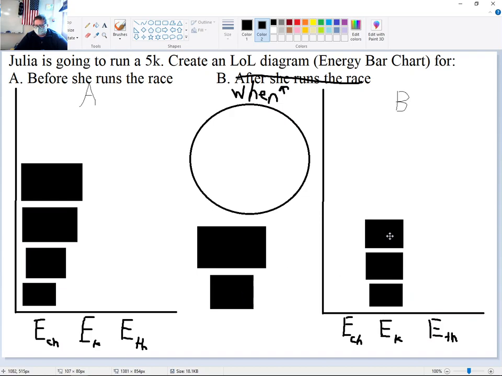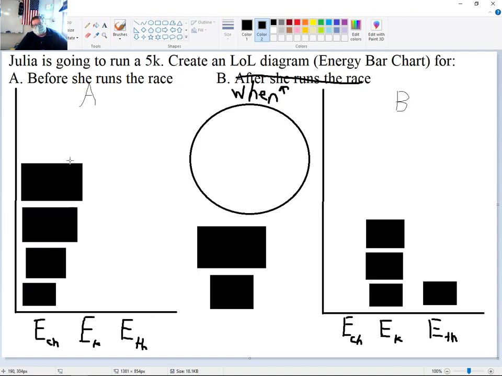I'm sorry. Okay, again, it's kind of arbitrary. I know that I only have 4 to work with, right? So I can't put more than 4 total on this side since this is a closed system. So maybe I'll put 3 blocks in kinetic, and I'll have 1 block in thermal. This would be one of several correct answers you could have.